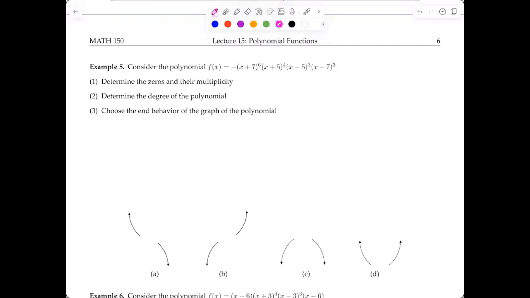What about the -7 here? What is the multiplicity of this -7? Even, so right here, 6, multiplicity 6. Good?